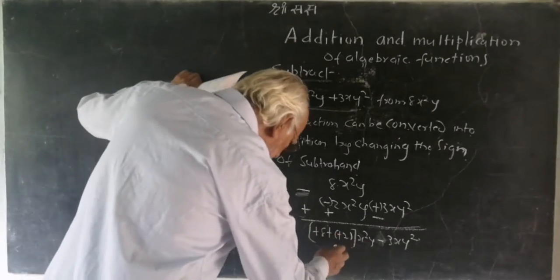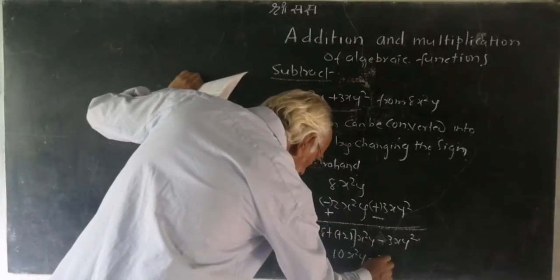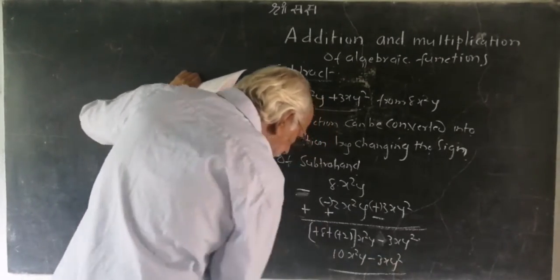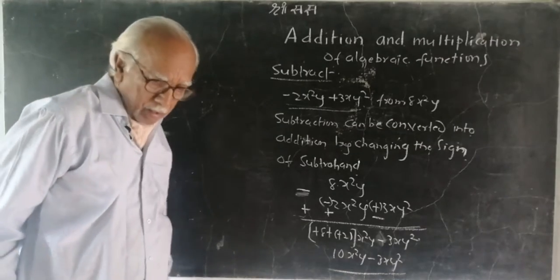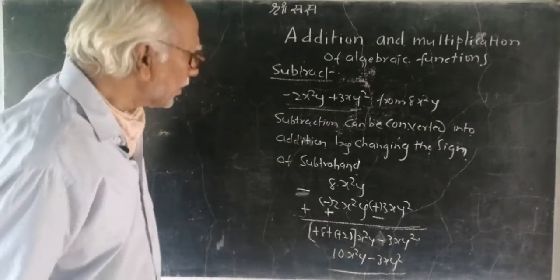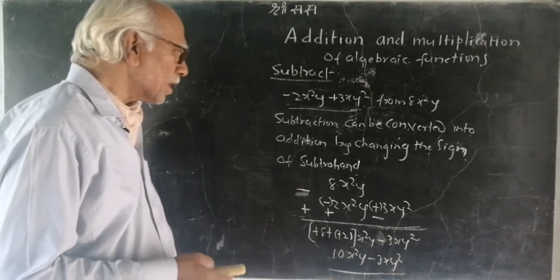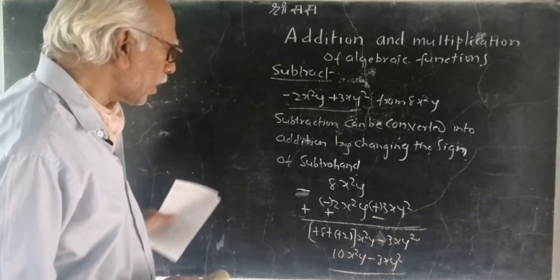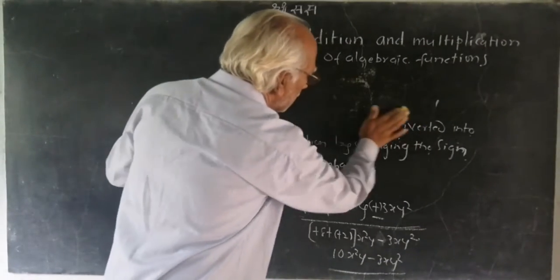So plus 8 plus 2 implies 10x square y, then minus 3xy square. So subtraction is a process of addition only by changing the sign. So subtraction can be converted into addition by changing the sign of the subtrahend.